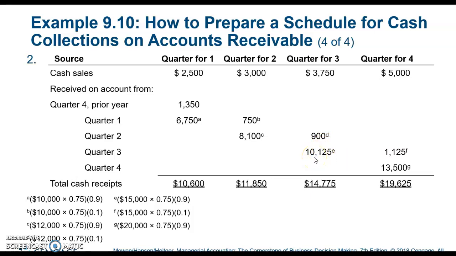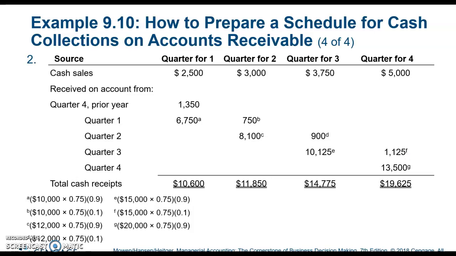Out of that $11,250, we expect 90% of those customers' amounts to pay us in cash by the end of the third quarter. So 11,250 times 90% is 10,125. And the other 10% of the 11,250, 1,125, we expect to get in cash in the fourth quarter.